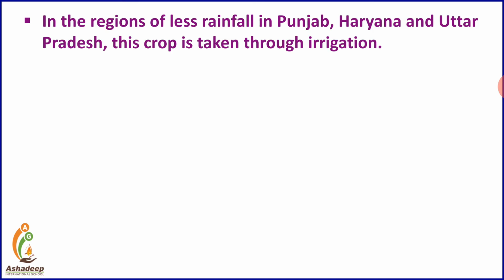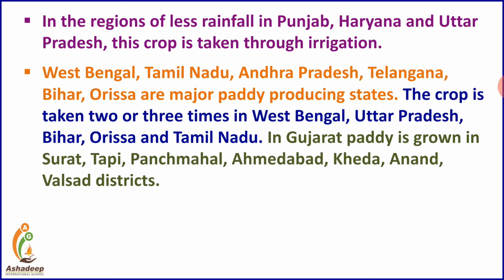In the region of less rainfall in Punjab, Haryana and Uttar Pradesh, this crop is taken through irrigation. So those areas in India like Punjab, Haryana, Uttar Pradesh are actually famous for growing wheat, but at the same time, with the help of irrigation, these regions are also growing rice.